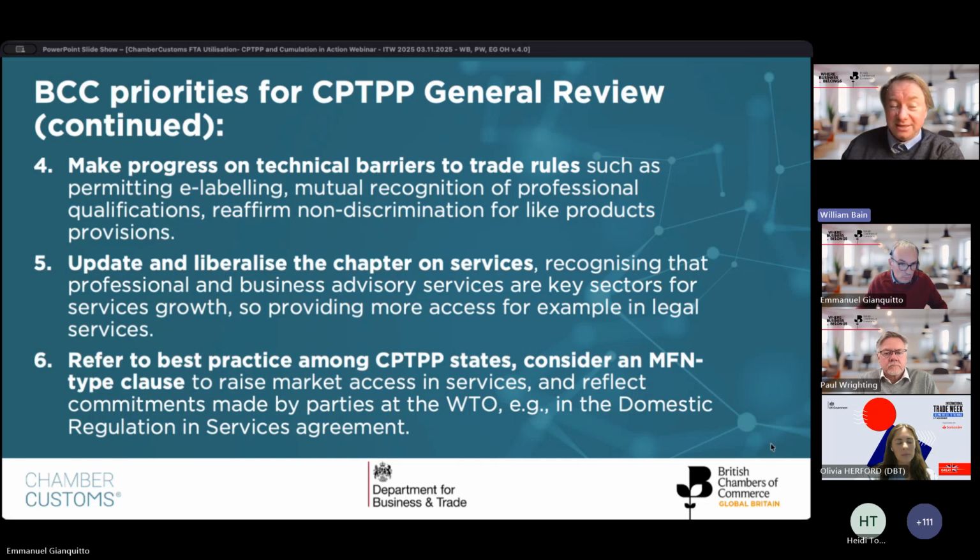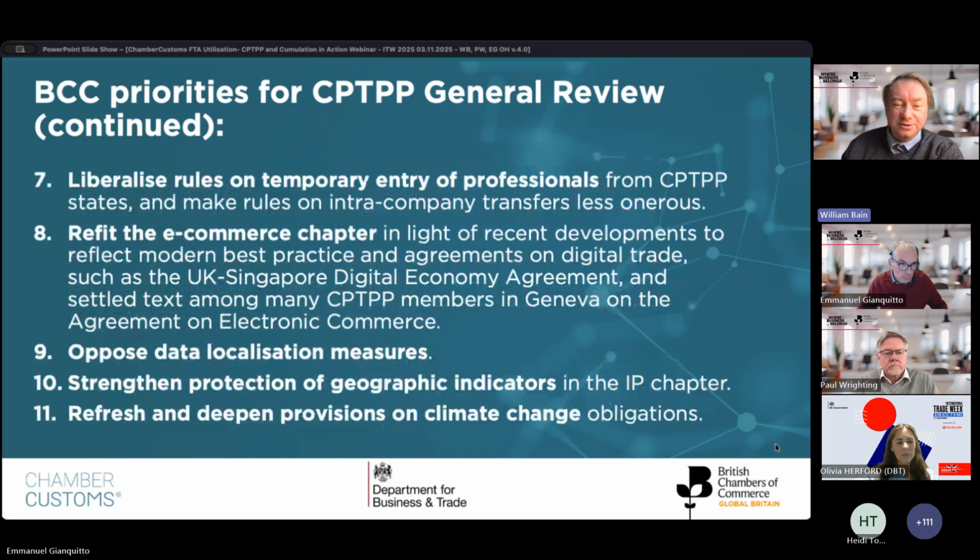And then our last set of recommendations for this review. Again, looking at mobility issues, we know that most services are provided via mode 1. So that's electronic transmission or sending products by email. But there are areas, particularly when firms are looking to win new orders and get new business, where issues around temporary entry of professionals is very important.